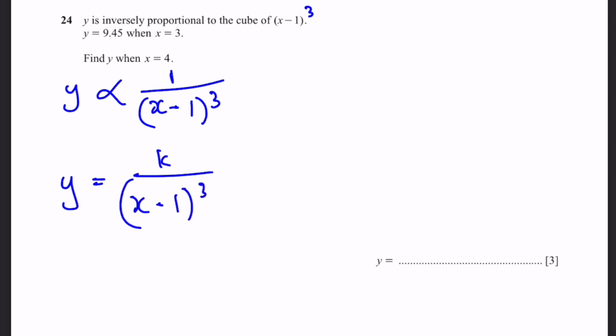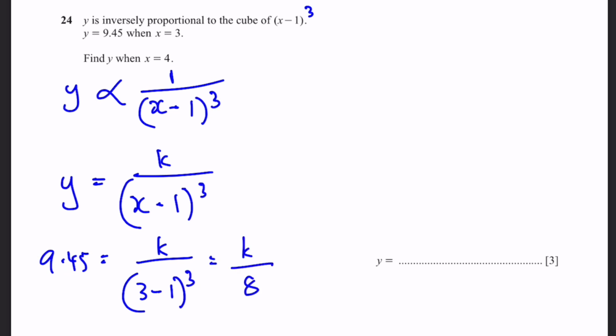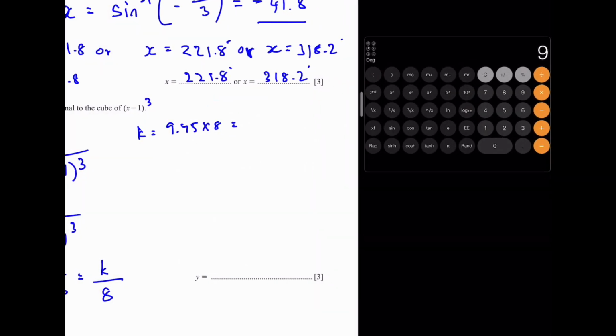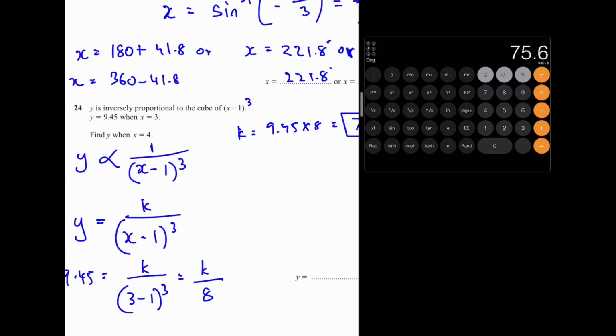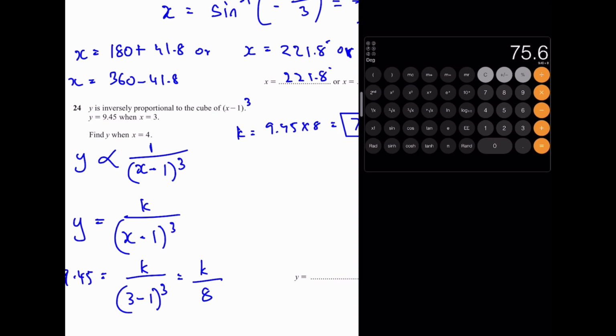Let's substitute the values. 9.45 is equal to k by (3 minus 1) the whole cubed, and that means it's equal to k by 8, because 3 minus 1 is 2, and 2 cubed is 8. That means k is equal to 9.45 into 8, which, let's get our calculator out, is 75.6. Let's substitute this into the original equation, y equals k by (x minus 1) the whole cubed.